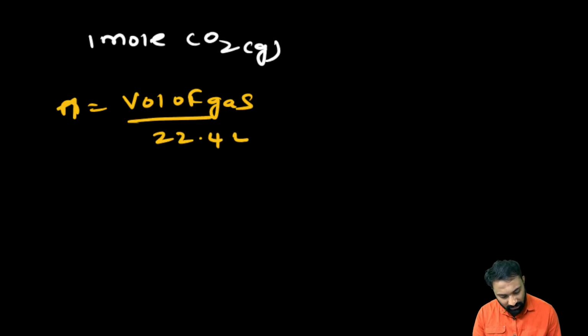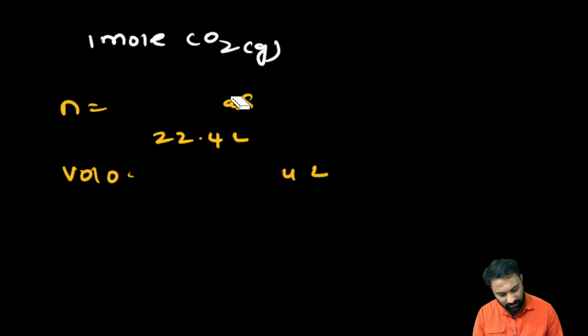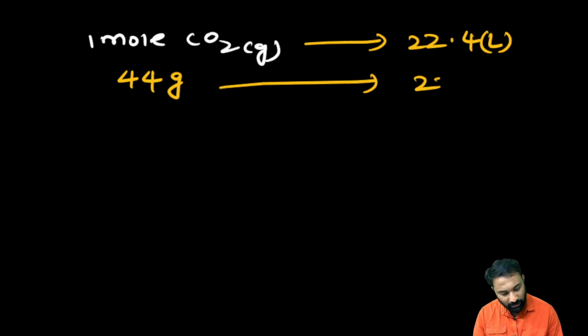If I keep 1 mole here, the volume of the gas is 22.4 liter. Here you can see, 1 mole of CO2 gas will occupy 22.4 liter. 1 mole of CO2 contains 44 grams, means 44 grams of CO2 will also occupy 22.4 liter.